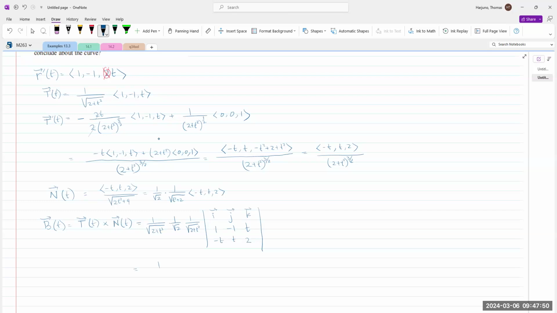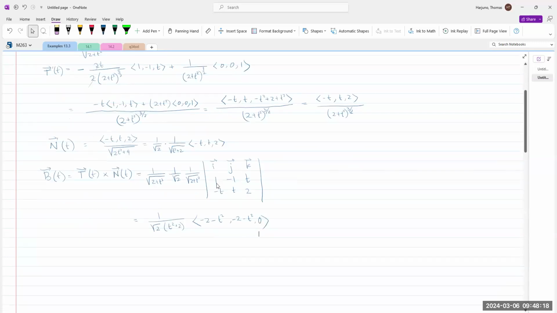You will see that on the outside I have 1 over square root of 2 times the square root of t squared plus 2, and the cross product will be negative 2 minus t squared, and then negative 2 minus t squared, comma 0, right?